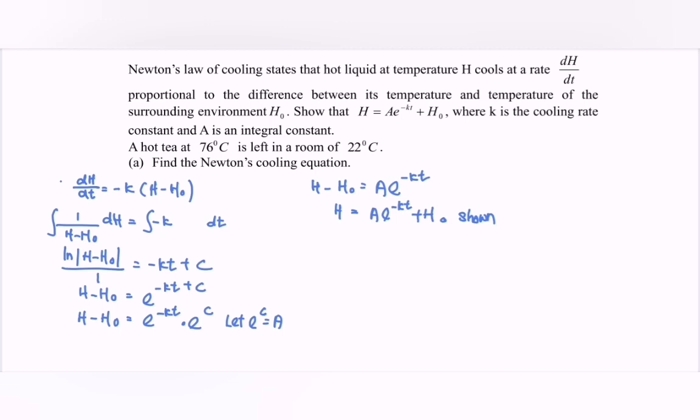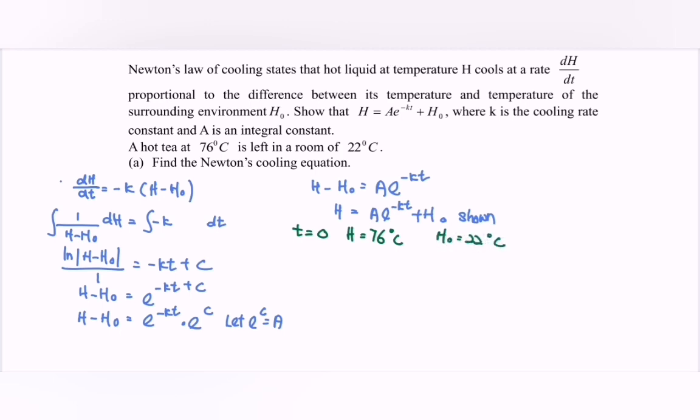At the start, the temperature H is equal to 76 degrees Celsius, and it is left in a room temperature of 22 degrees Celsius. So t equals 0 and the room temperature is 22 degrees Celsius.